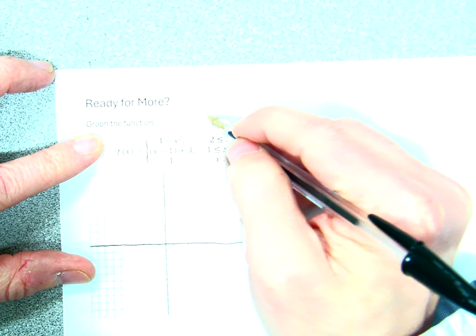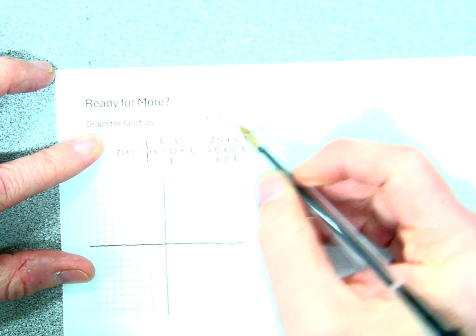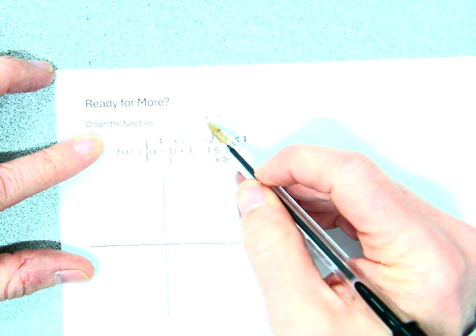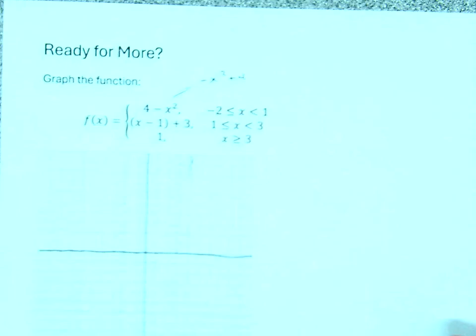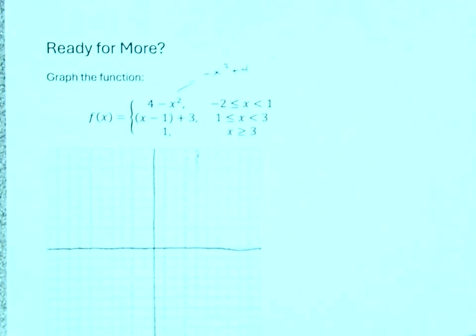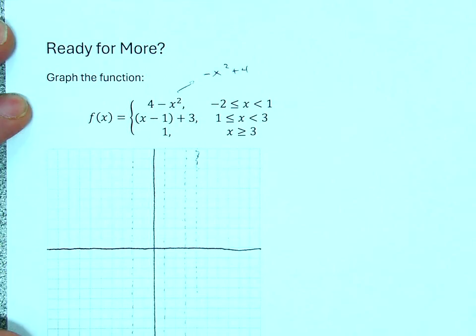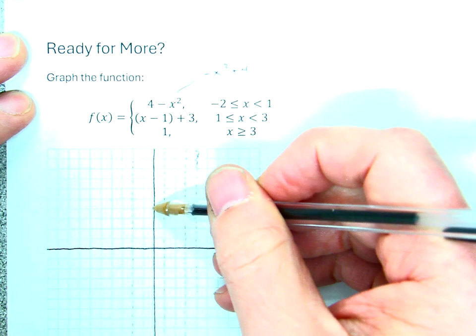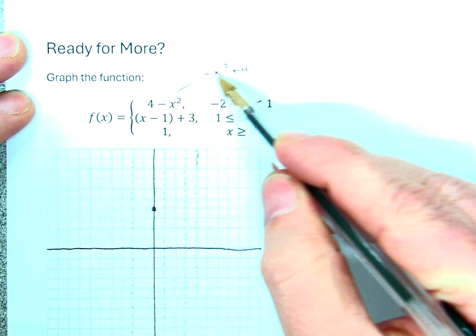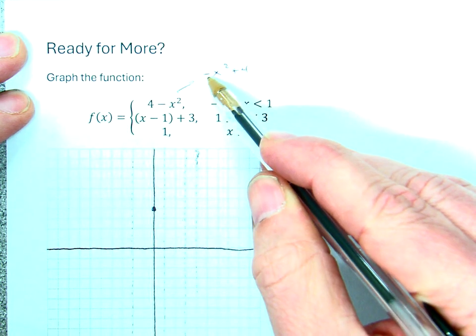This would be -x² + 4. So this is just a standard position parabola, moved up 4 units, right? So if I started at 4, 1, 2, 3, 4, because this is a vertical shift, this is going to be facing down.